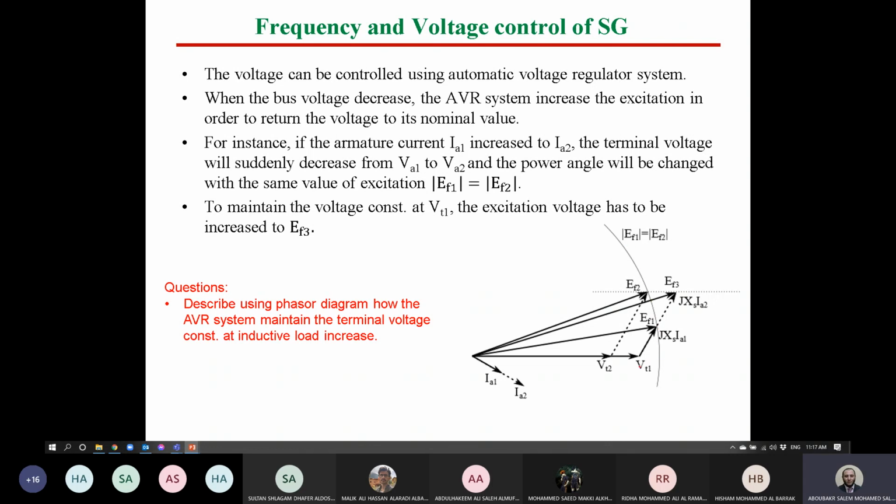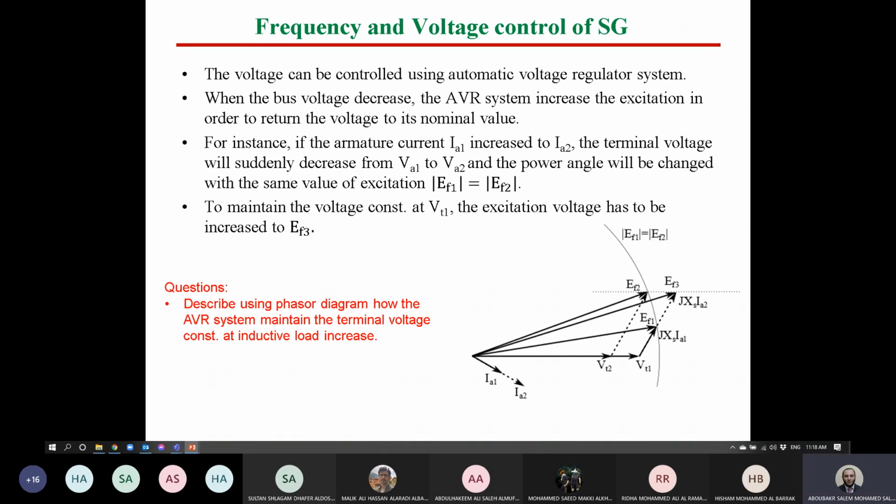Due to the high current IA2, jIA2XS will be this high value, and because we did not change the excitation yet, the terminal voltage will decrease. This is exactly what happens to a synchronous generator if it is not connected to an infinite bus, or if there is no automatic voltage regulator controller.